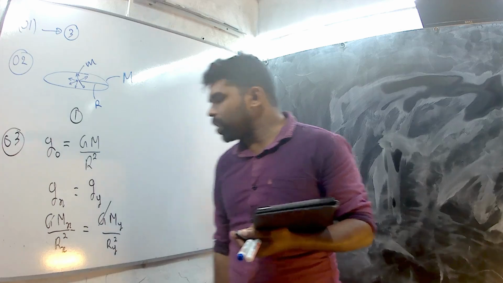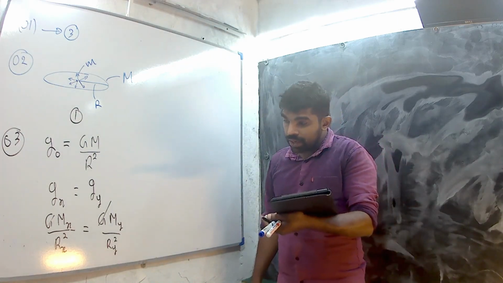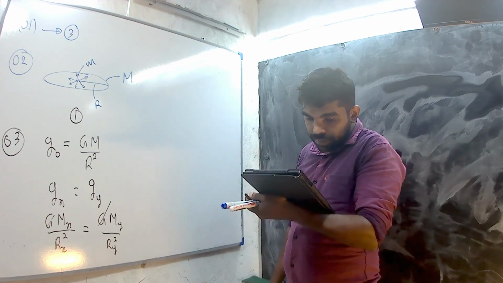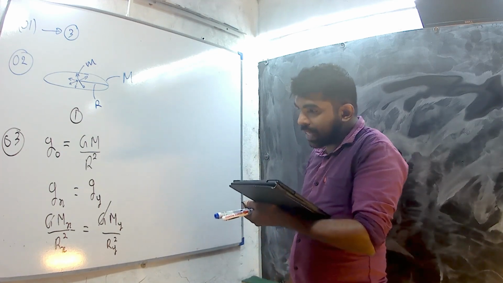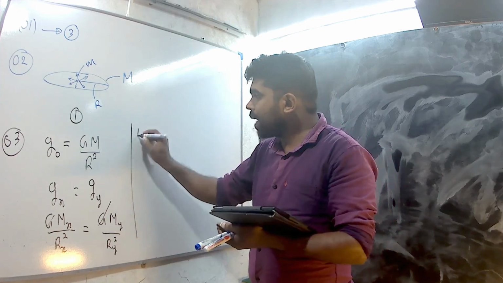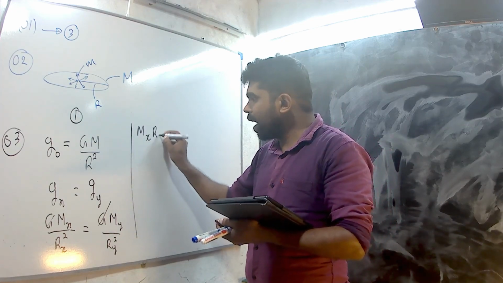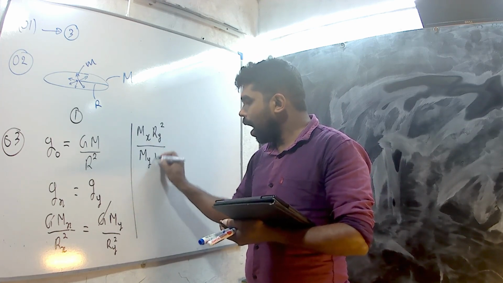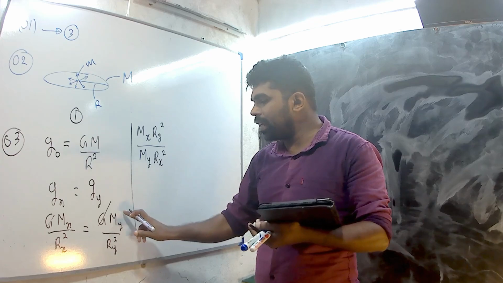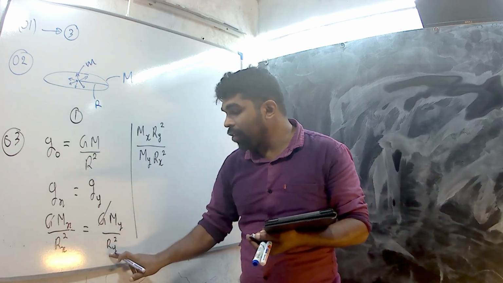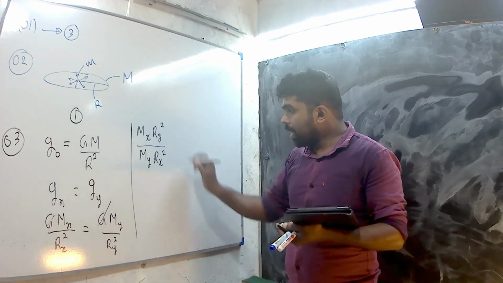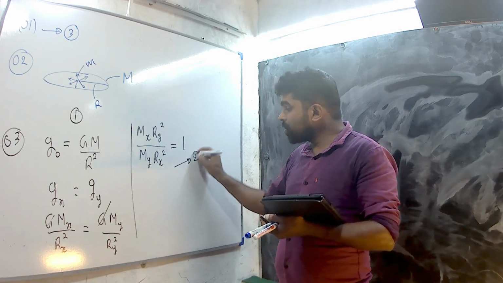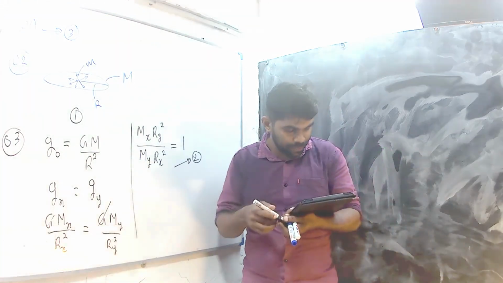Then we can cancel out G and G. Now we can consider the given expression, Mx Ry squared divided by My Rx squared. We can get the My term to this side and Ry squared to this side. Then the answer should be 1. Then the second answer is the correct answer for question number 3.